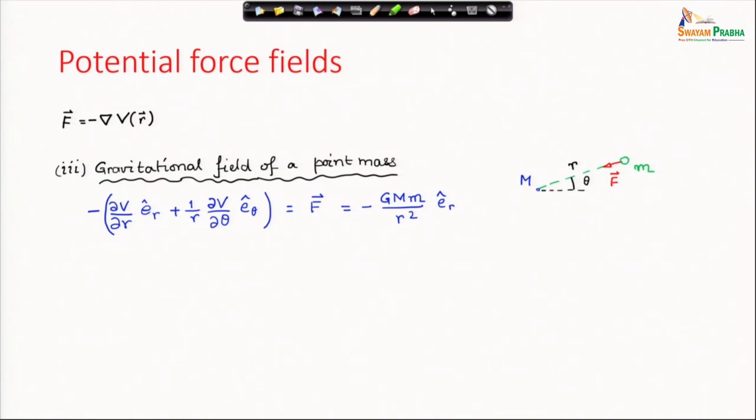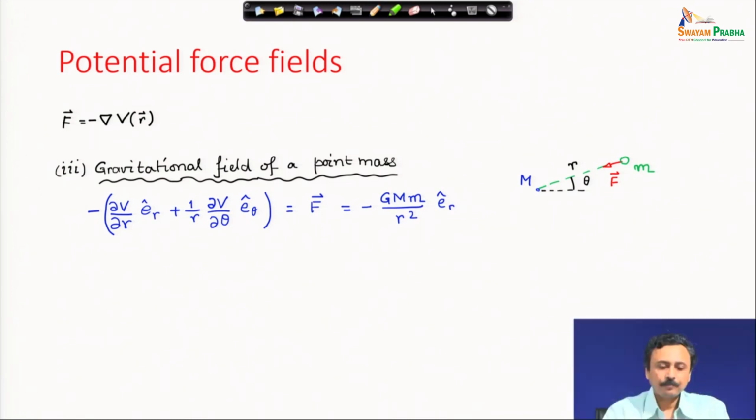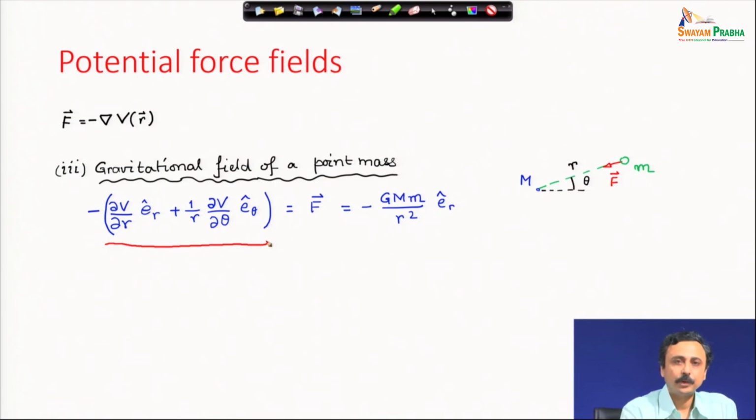Let us look at the gravitational field of a point mass. This is the negative gradient of the potential in polar coordinates. This you can check. Negative gradient of a scalar potential in polar coordinates.